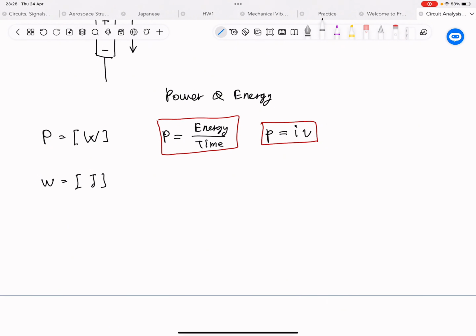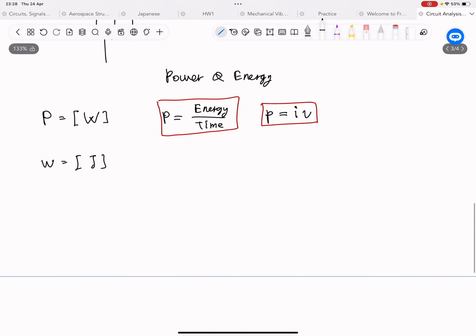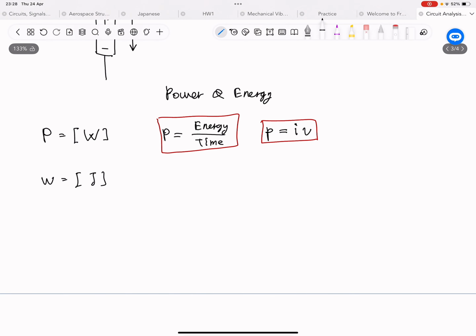Let me explain this in this way. For example, let's assume energy is your money in your bank account, and power is basically the deposits that you make into your bank account. Let's say you have $1,000 in your bank account. This is the energy that you have already in your bank account.